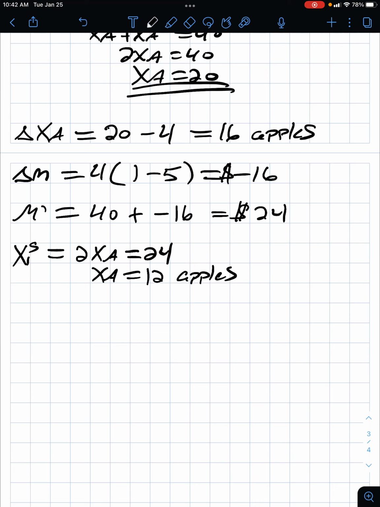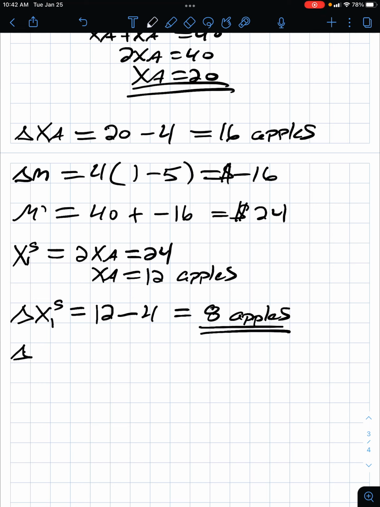So now let's find our substitution effect, which is going to be the change of x1 of s, which is equal to 12 minus the original demand for apples, 4, which gives us 8 apples. The substitution effect will be 8 apples. The income effect, let's solve for next, which will be 20 minus, so this is the new demand for apples, minus 12, x1 of s, which is going to give us 8 apples.